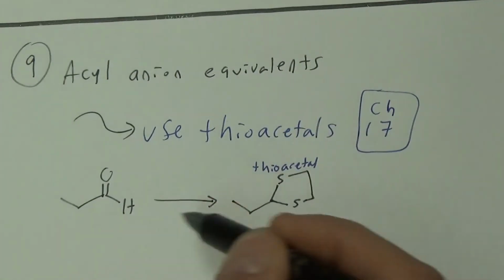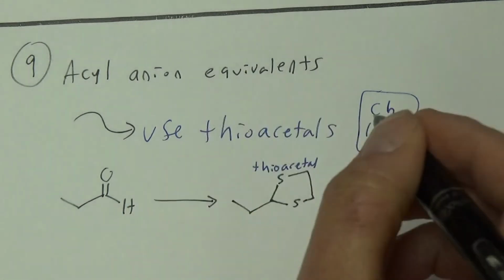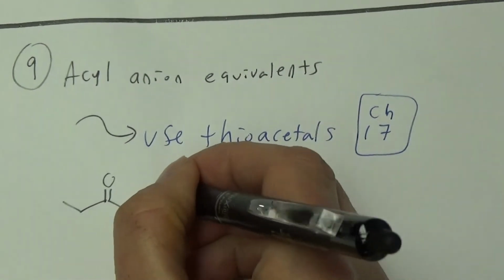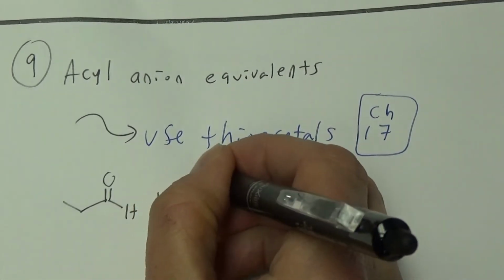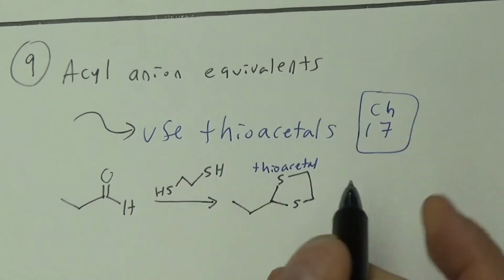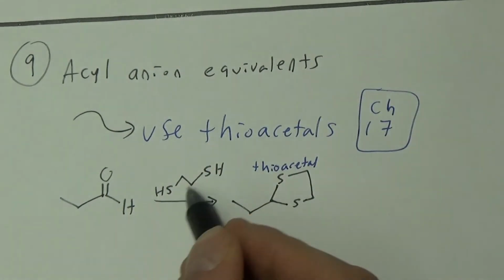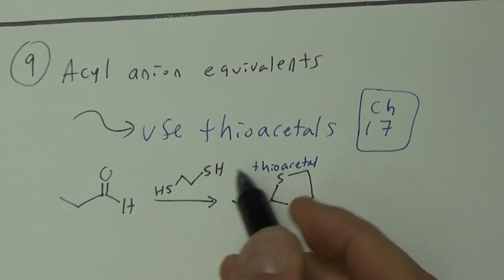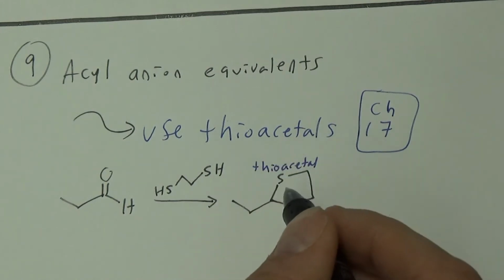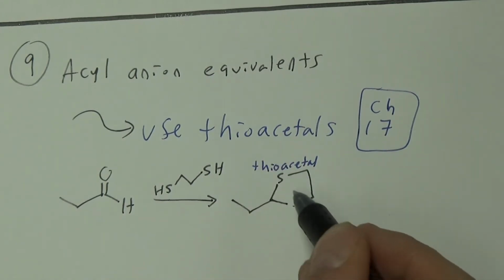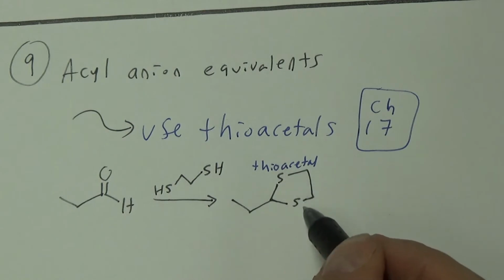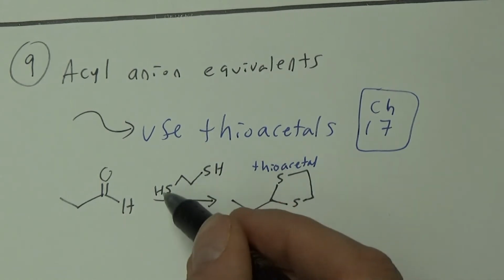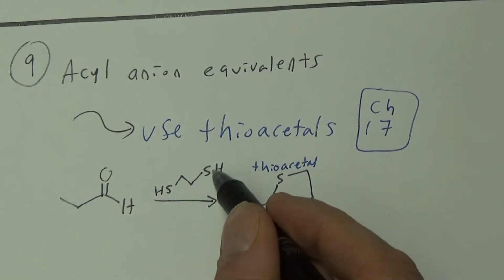Start with an aldehyde or ketone, and as we remember from chapter 17, you react this with ethanedithiol, which is SH, carbon-carbon, SH. If this was oxygens, that would be an acetal.